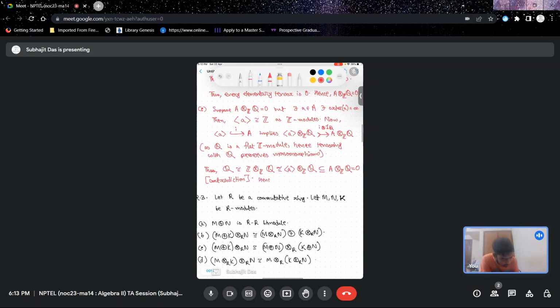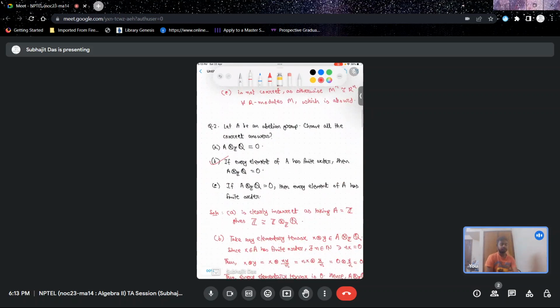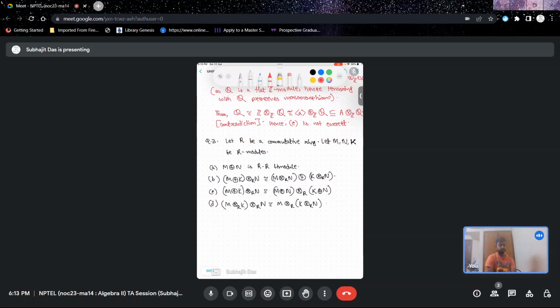Hence C is not correct, because Q otherwise would be contained in 0, which is absolutely absurd. So option A is incorrect, option B is correct, while option C is again incorrect. Okay, so let us move on to our next problem.